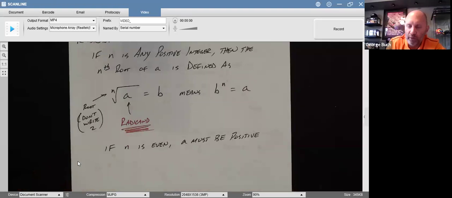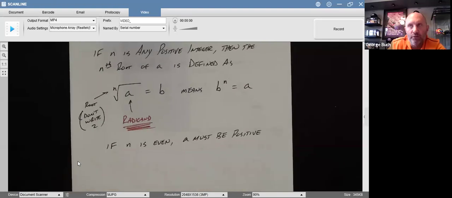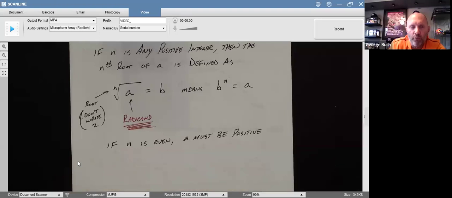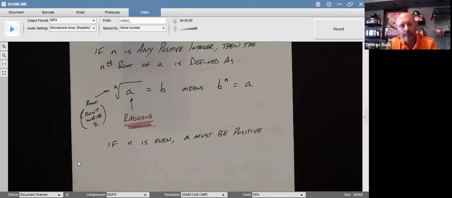So at this point anyways, we'll learn a little bit later in the semester, but I can't have like the square root of -4. So if I have an even root, square root, fourth root, sixth root, etc., then a must be positive.